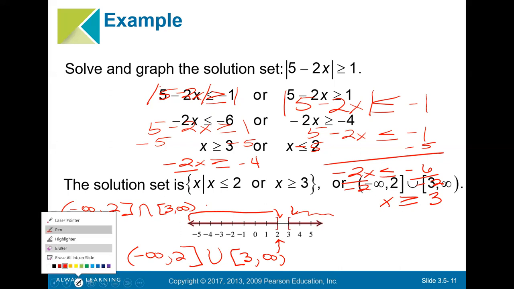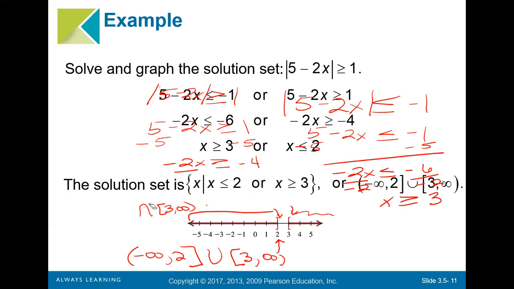However, since we are talking about this one area versus this area, we're going to say or, this or this. So this notation is correct. This here is a set of x, right? Where x is less than or equal to 2, or x is greater than or equal to 3.